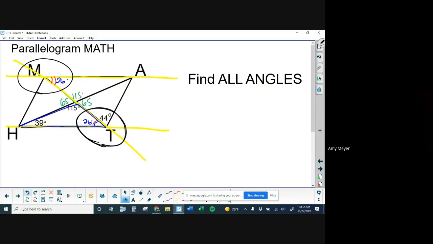We've got another triangle. Go ahead and use this triangle to find a missing angle. I get 71.